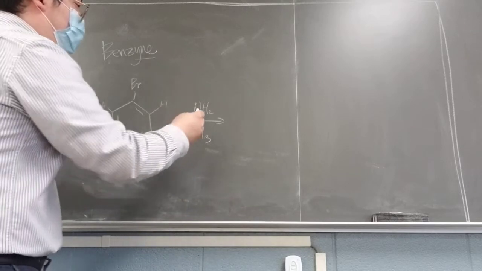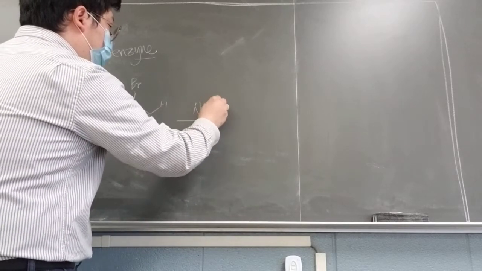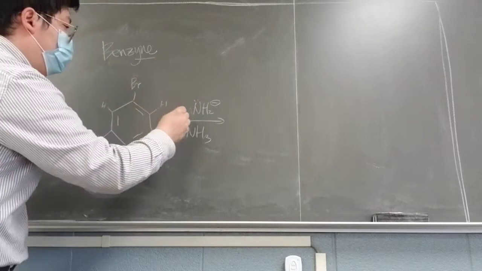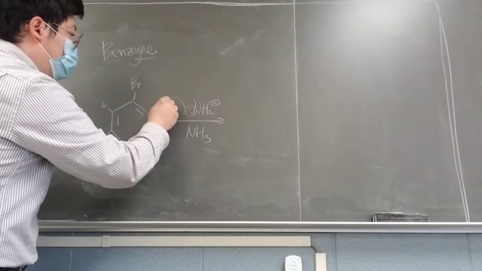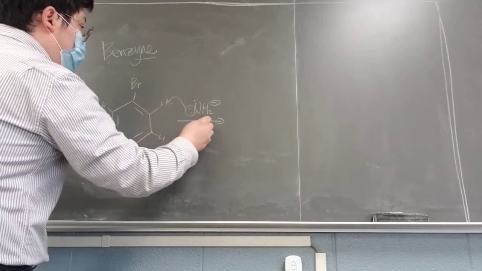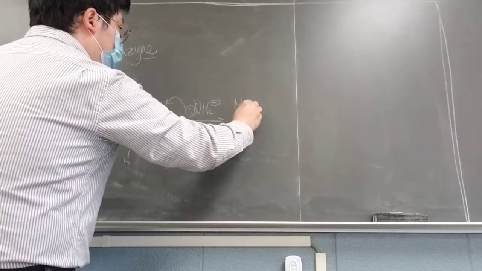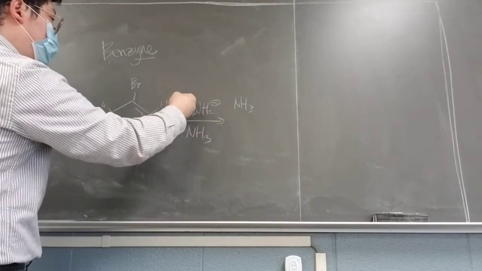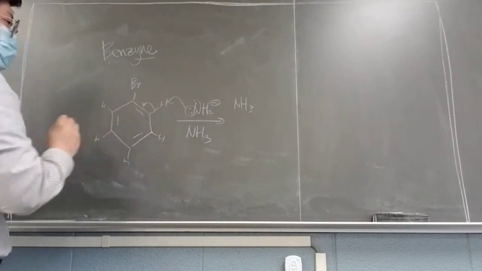And this one will grab one of the hydrogens right next to your halogen group, and then it becomes ammonia, right? This is the conjugate base of the ammonia here, so this will grab this one and go to there.